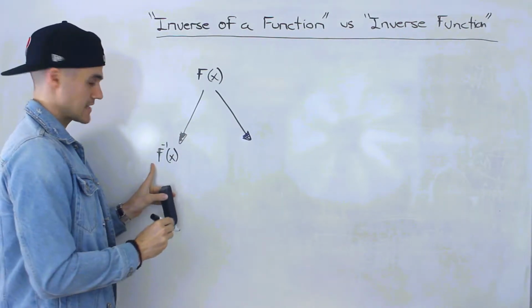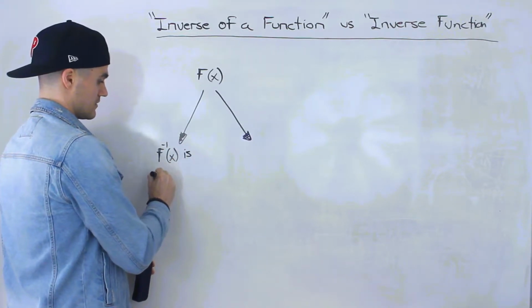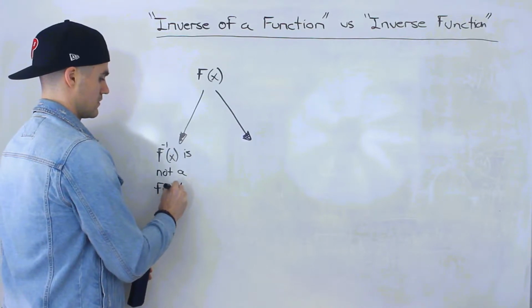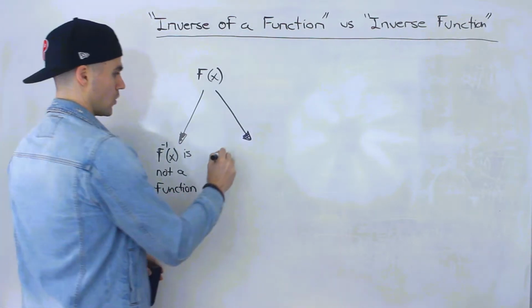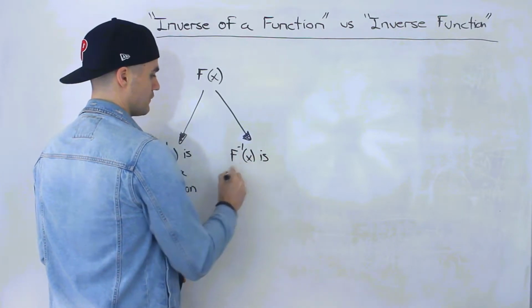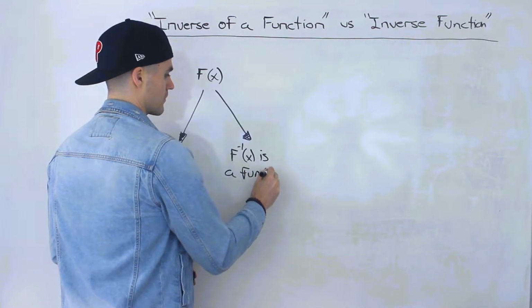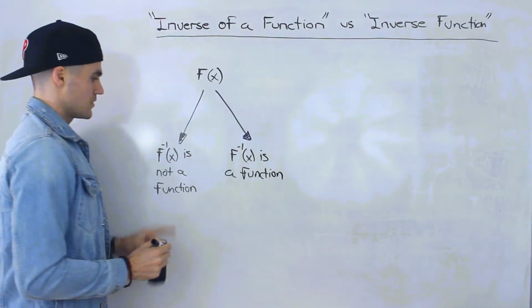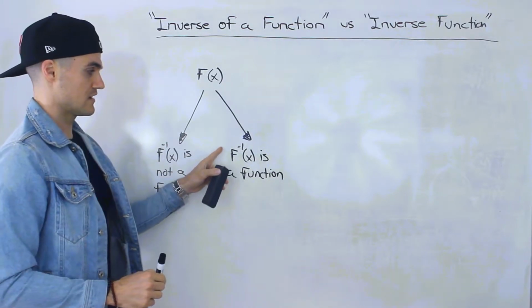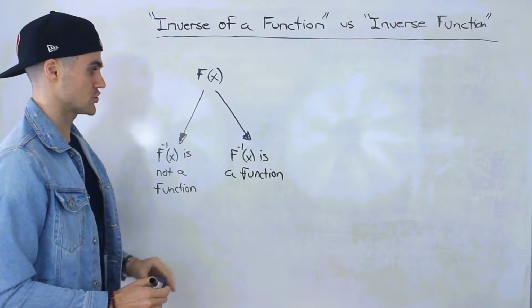Either the inverse is not a function, or the inverse is a function. So either the inverse is going to fail the vertical line test, or the inverse is going to pass the vertical line test, which means it's then a function.